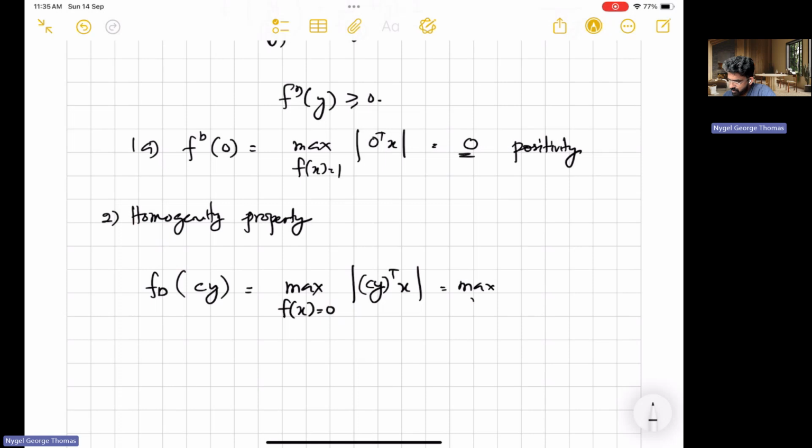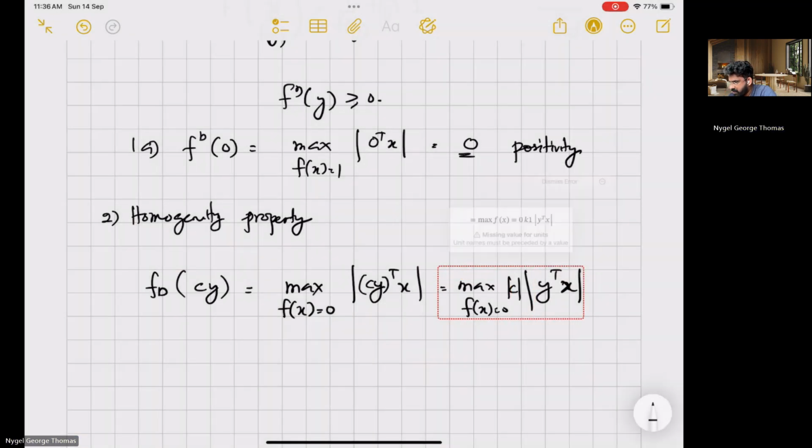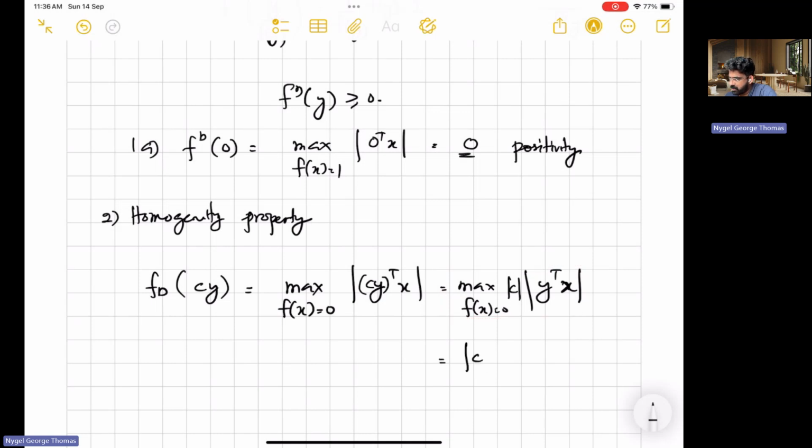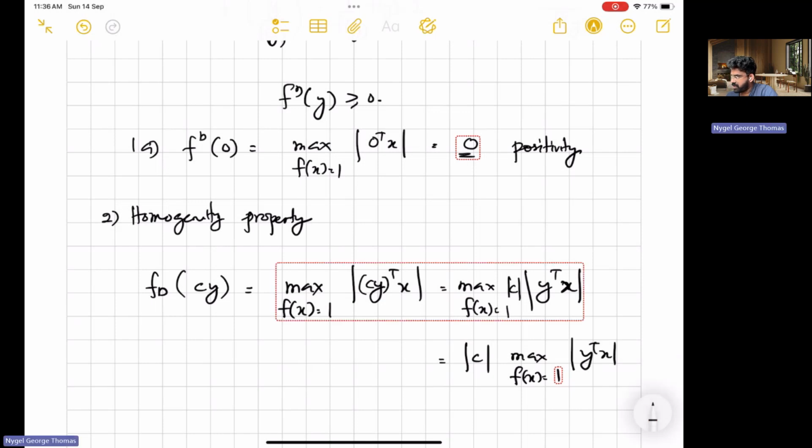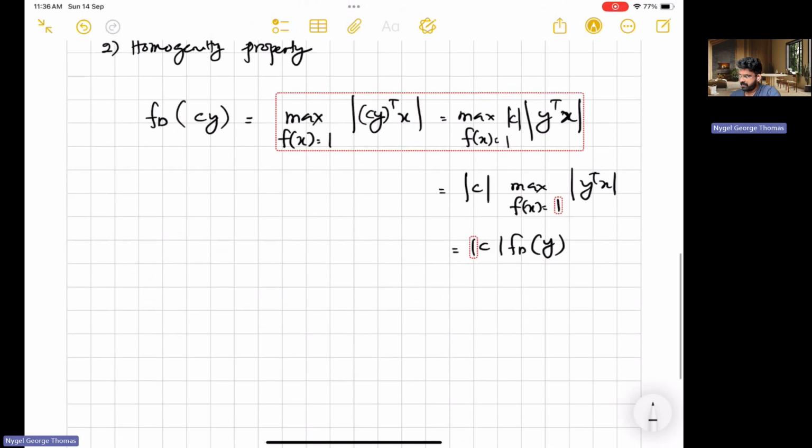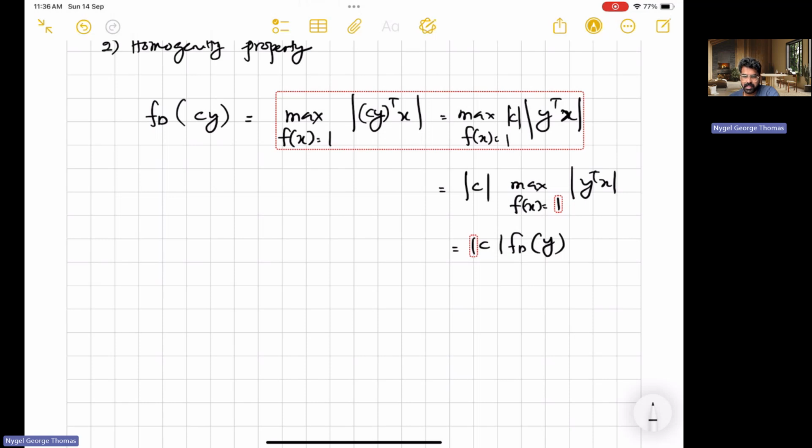This is max of f of x is equal to 0, modulus of c into y transpose x. So max of a constant into a function, you can take the positive constant outside. So this is max f of x is equal to, sorry, it's not f of x equal to 0, it's f of x is equal to 1, y transpose x, which is modulus of c times fd of y. So this satisfies the homogeneity property also.